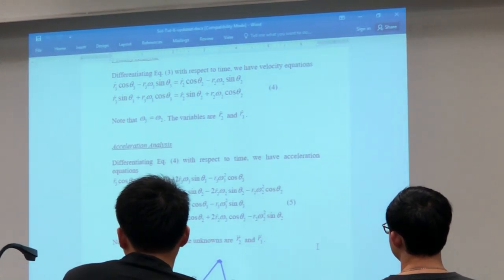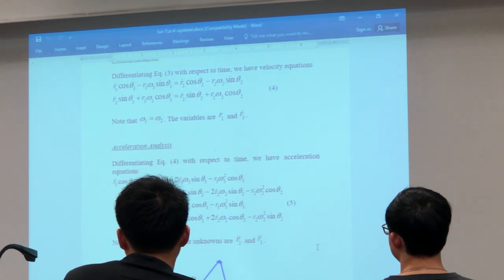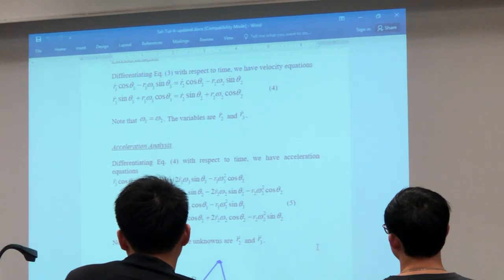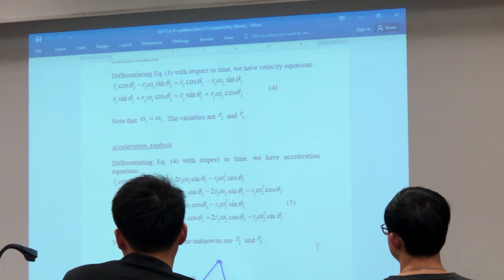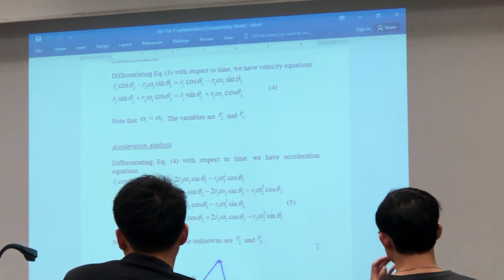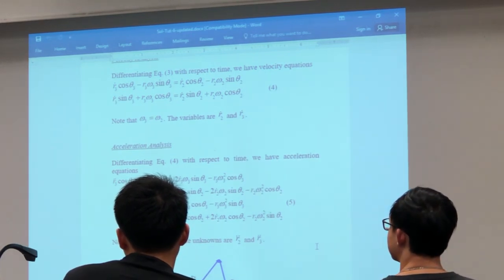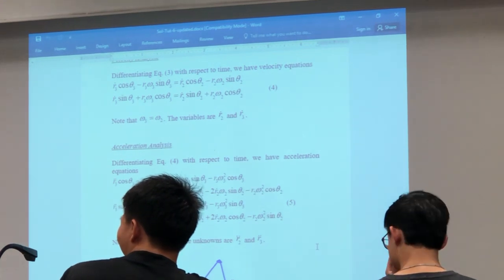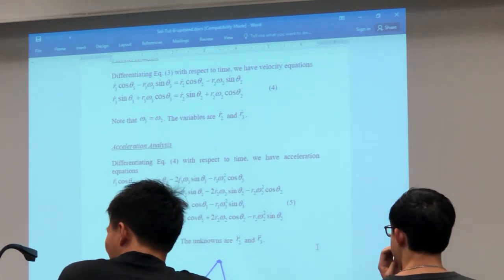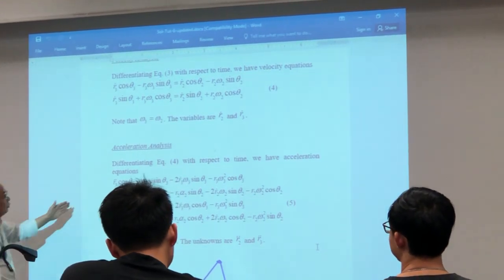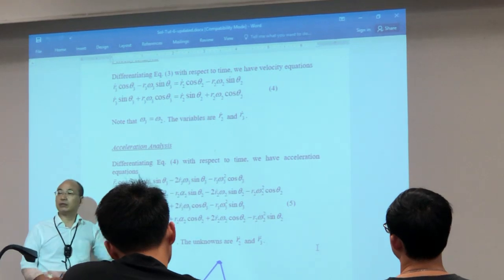What is alpha? When you differentiate the angular velocity, d omega/dt, you get the angular acceleration alpha. That is how you expand this differentiation, and you have a lot of terms.